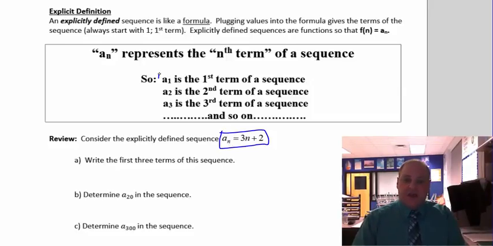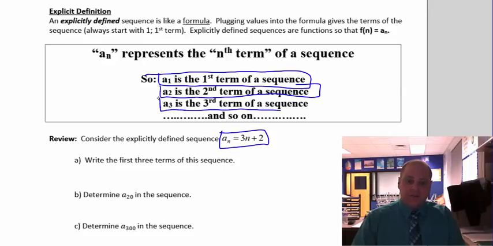So a1 is the first term of the sequence. a2, a sub 2, is the second term. A sub 3 is the third term, and so on and so forth. So if I say a sub 50, that's the 50th term of the sequence.